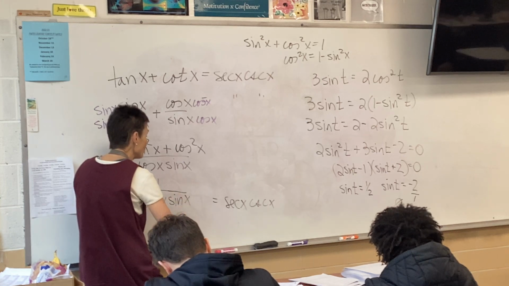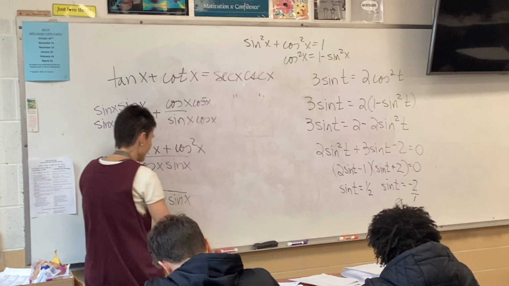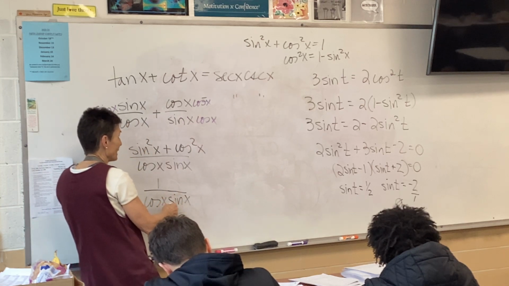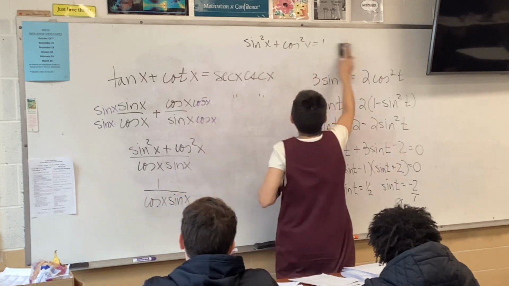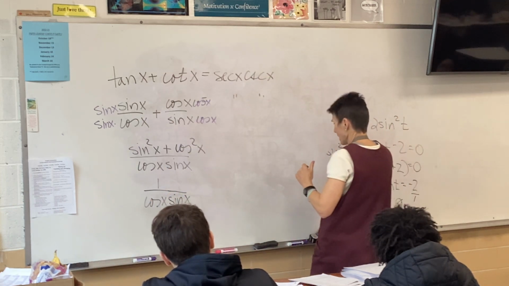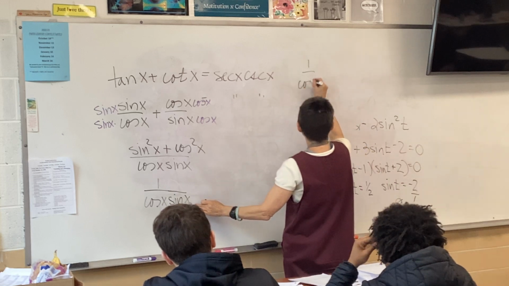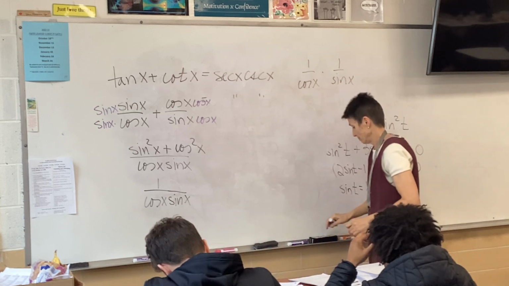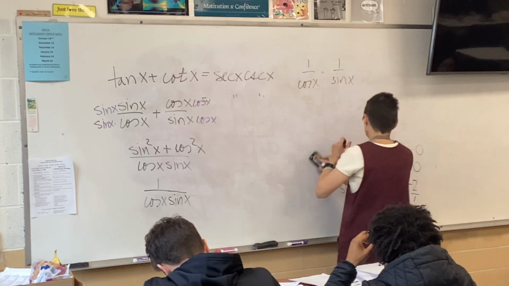Now we don't normally do this, but can that be split into 1 over cosine times 1 over sine? Think about that, is that the same thing? Yes, but why?